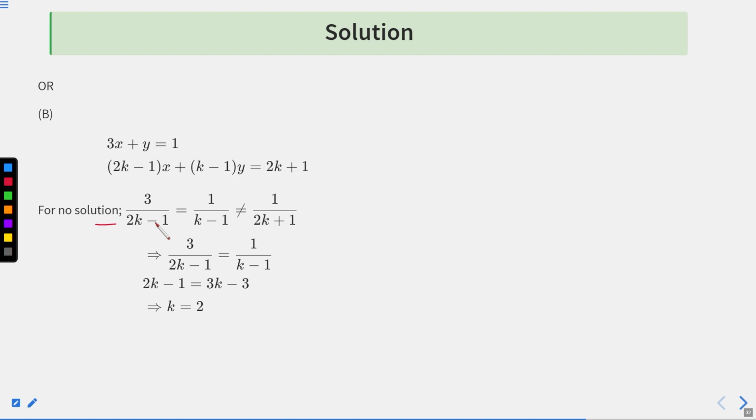If we use this condition, then we get 3 over (2k minus 1) is equal to 1 by (k minus 1), not equal to 1 over (2k plus 1), and it implies 2k minus 1 is equal to 3k minus 3, and it implies k is equal to 2. So therefore the value of k is equal to 2.